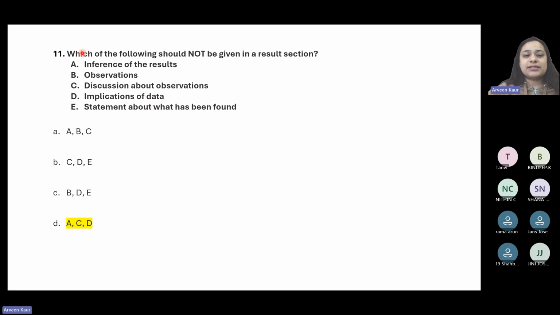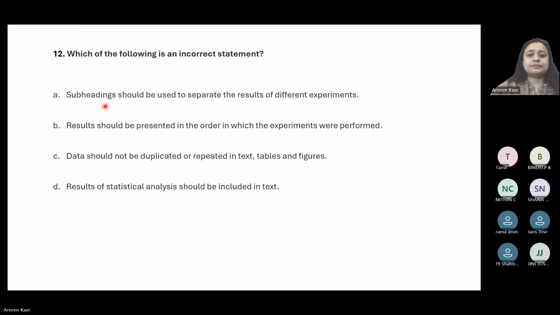Whether you need to discuss what has been seen earlier, what you are seeing right now, or the implication of what you are seeing, all this is not required in the result section. There's a separate section known as discussion that involves all these three.